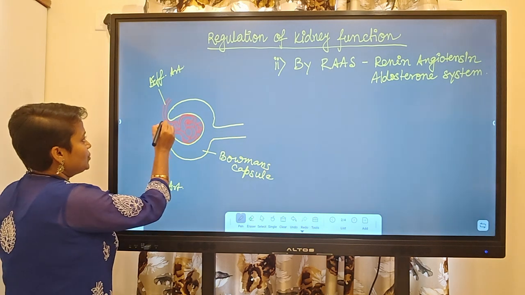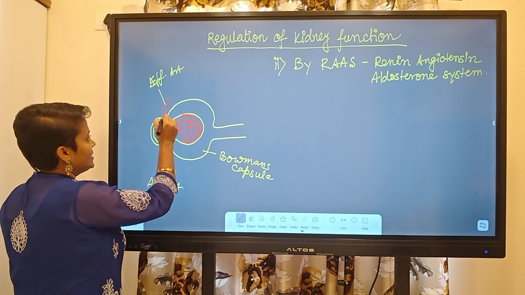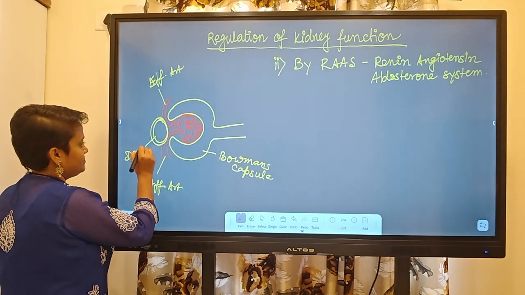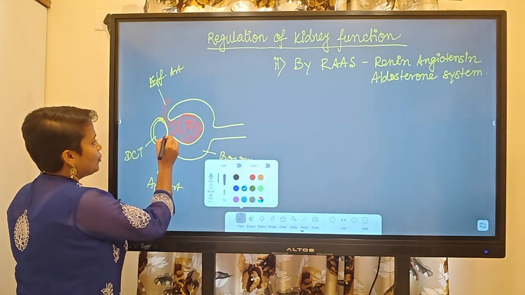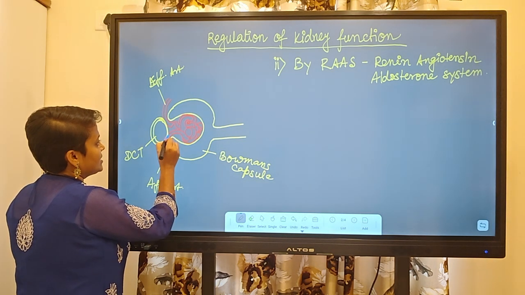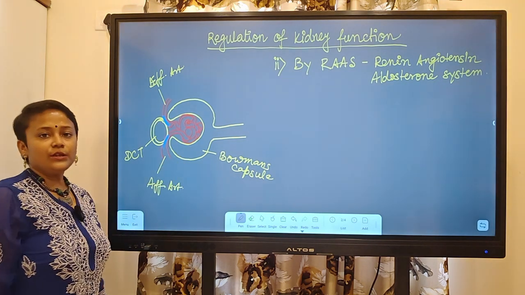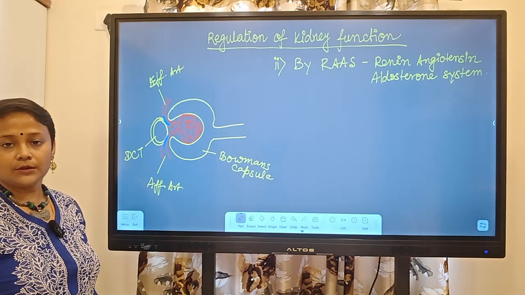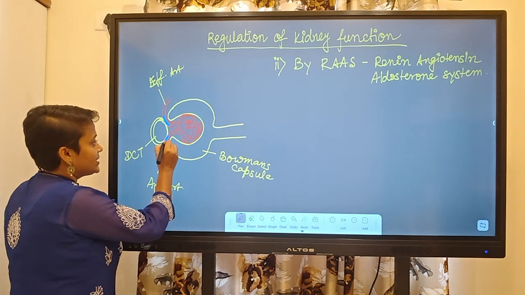If we do a cross section of the DCT here, it will be like this. So between the afferent and efferent arteriole, there will be the DCT. Now, the smooth muscle cells of the afferent and efferent arteriole, where they come close to the DCT, become denser.